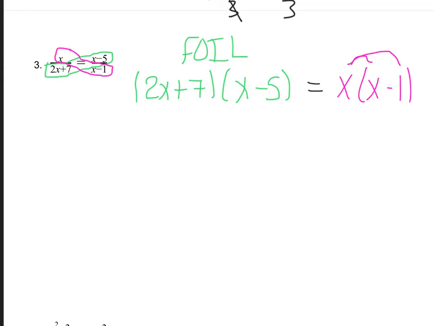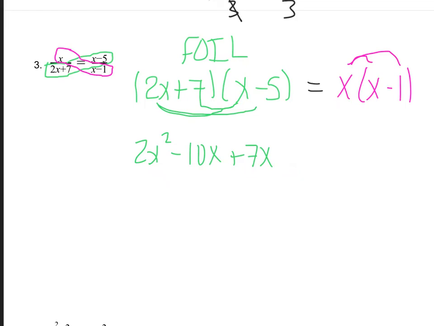Remember, FOIL stands for first, outside, inside, last. So the first terms are 2x and x. So 2x times x is 2x squared. The O is for outside, so 2x and negative 5. That's going to give me negative 10x. The I is for inside, so these, 7 and x. So I have a plus 7x.